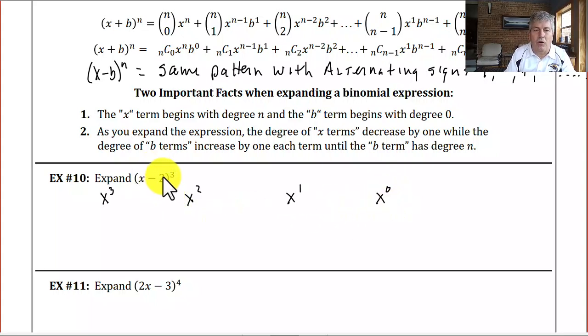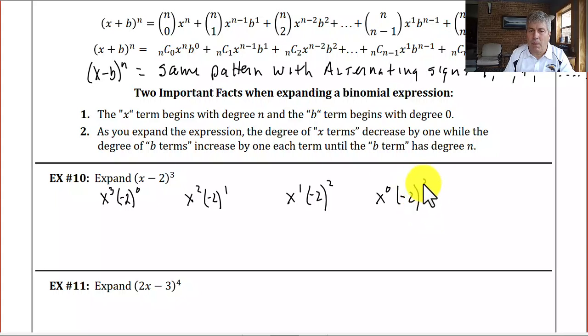Then our negative 2's. We're going to have alternating signs, but if we use our laws of exponents, that'll take care of that. So this is going to be times negative 2 to the 0, negative 2 to the 1st, because now we're counting up, negative 2 to the 2nd, and negative 2 to the 3rd.